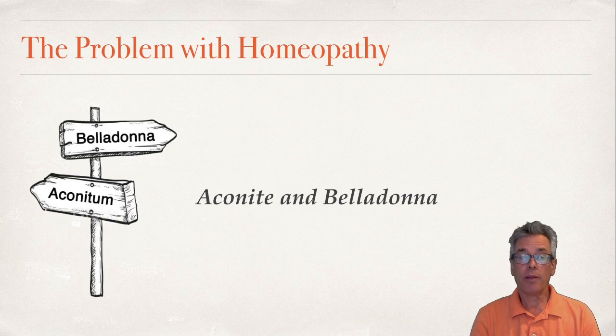So I want to talk about the remedies on the signpost, aconite and belladonna, because they're really good examples of how we can get so confused about which to choose. And this is only two remedies. Imagine having four or five that have similar symptoms to the condition you're trying to treat. How do you choose?